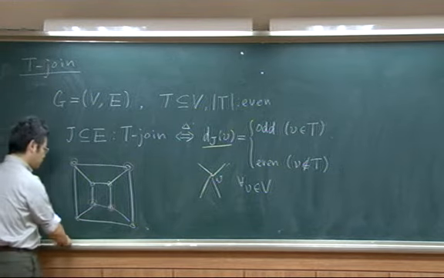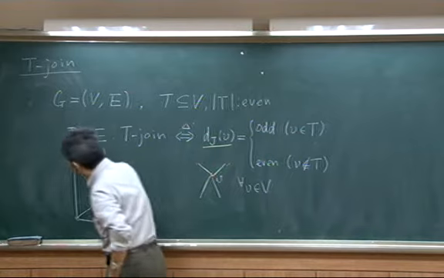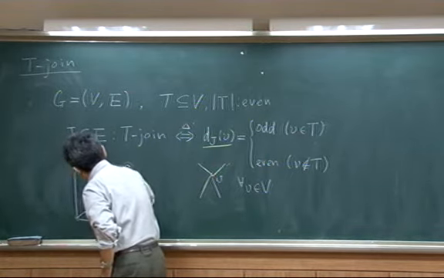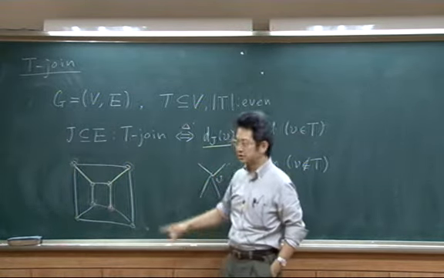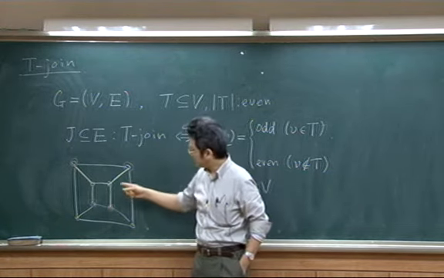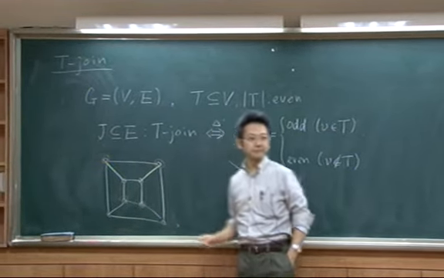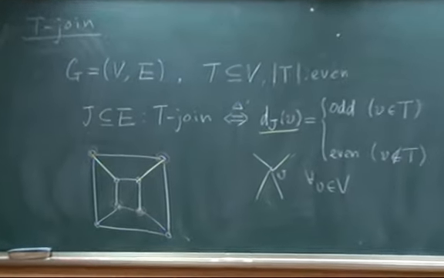Okay, so one of the T-joins would be like this shape. Here the degree is 1 exactly at these red points, and at other points the degree is 2 or 0. Okay, so this is an example of a T-join.